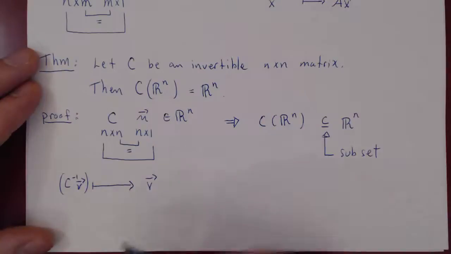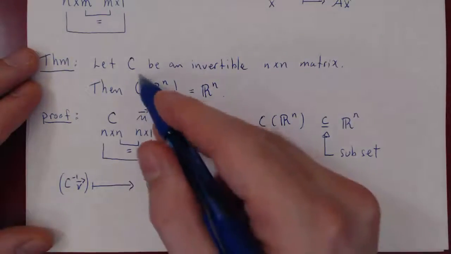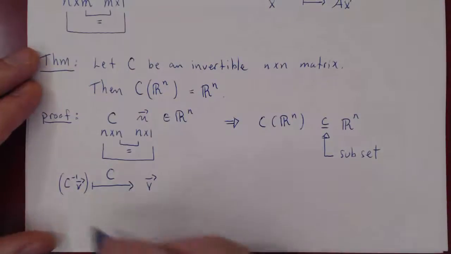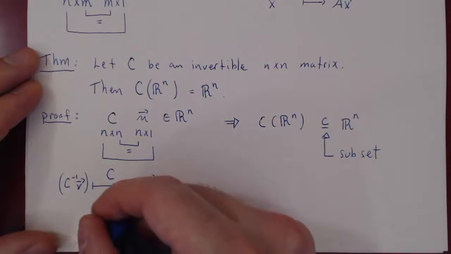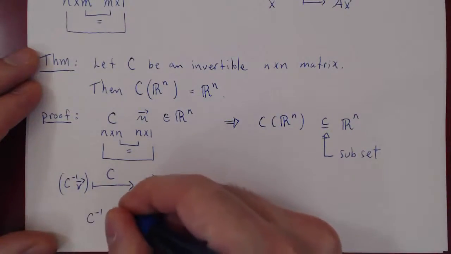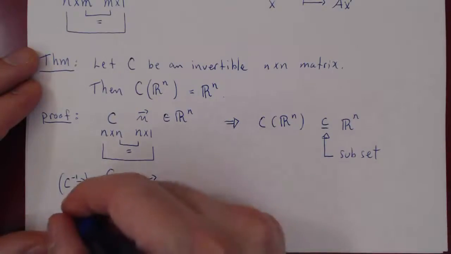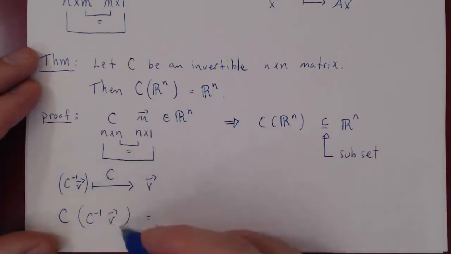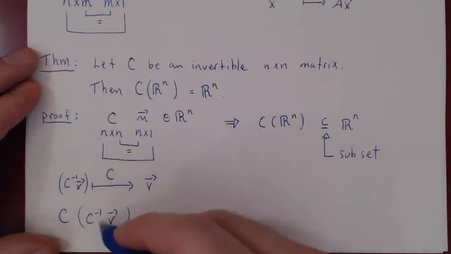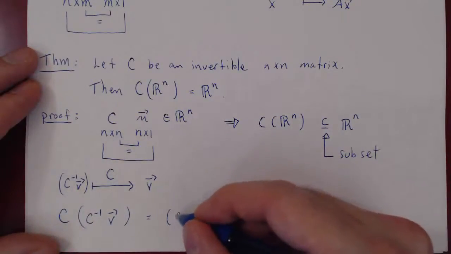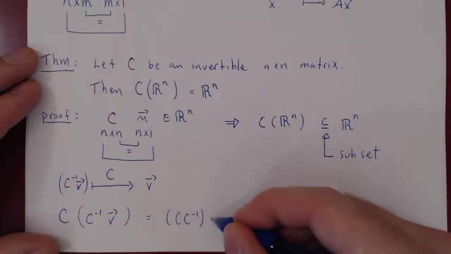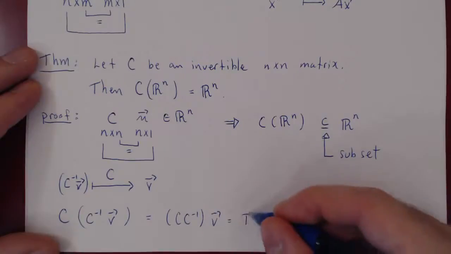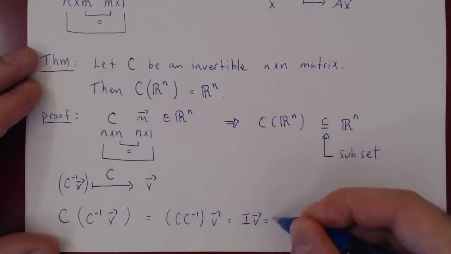And the action is multiplication by C. So of course, if you take the vector C inverse v and you multiply this vector by C, because multiplication is associative, we can perform this multiplication first, and we'll have C times C inverse times v. But of course, C times C inverse is I. We'll get Iv, which is simply vector v.